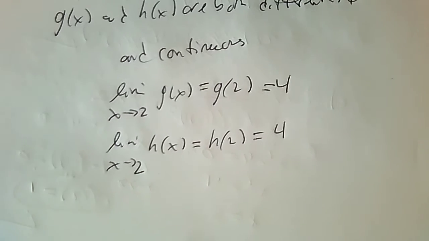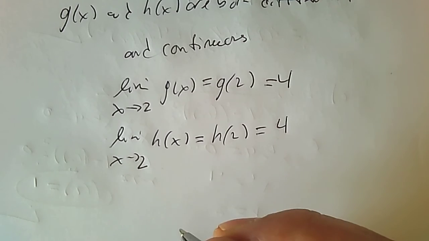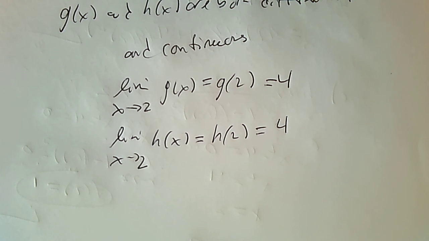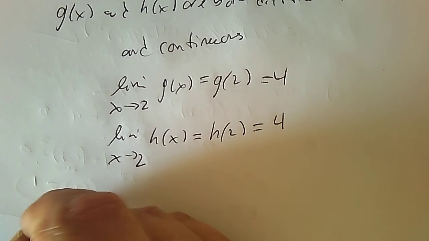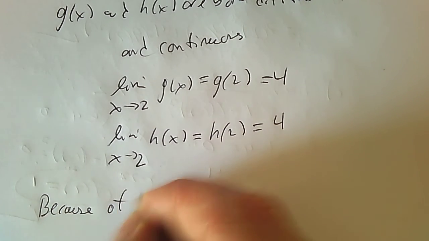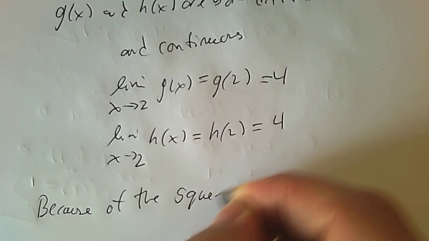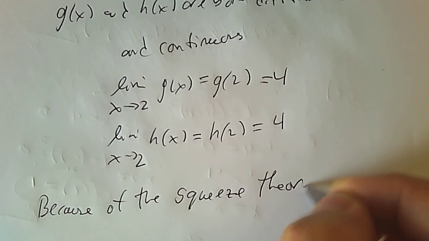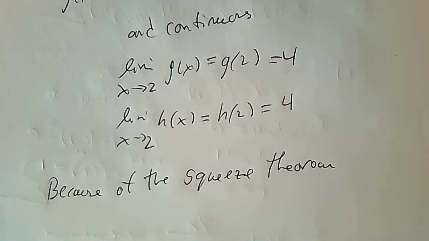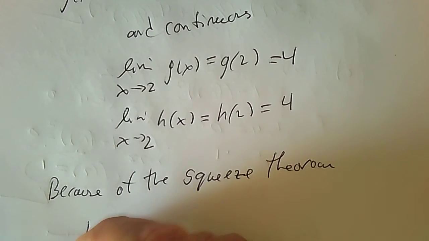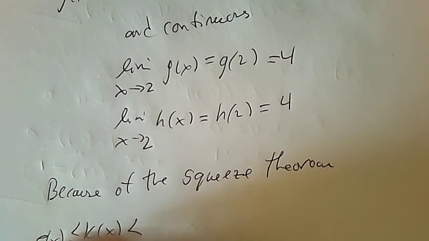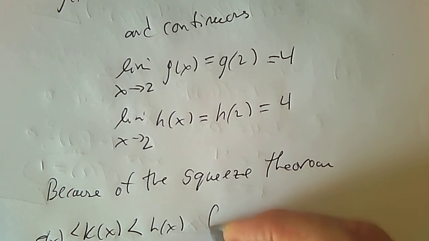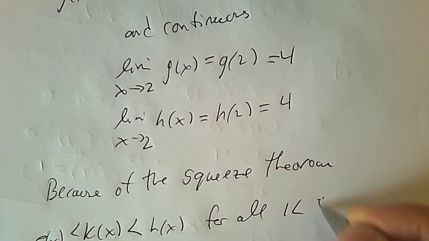Now, this is a unique theorem. It's called the squeeze theorem. So, because of the squeeze theorem, so that's a unique little theorem, k at x is between g at x and h at x for all 1 through 3.